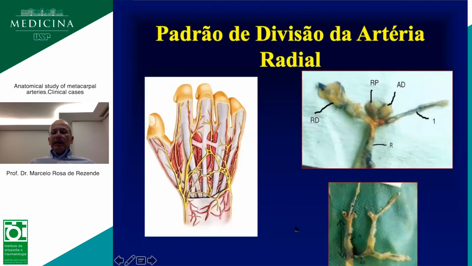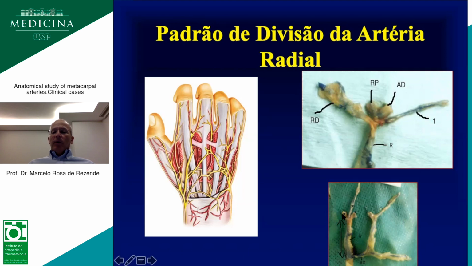Here we dissected separately the radial artery and the dorsal branch. From this dorsal branch comes the second metacarpal artery. Here, following the radial artery, we can see the three branches.